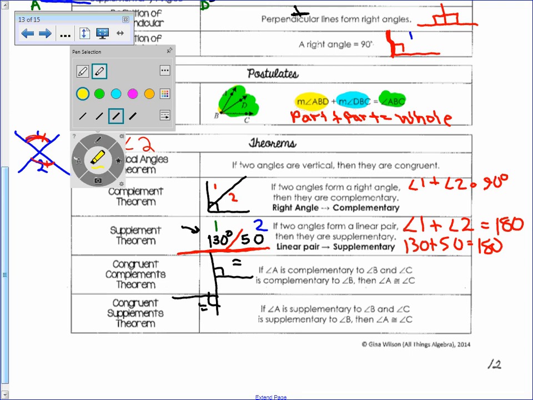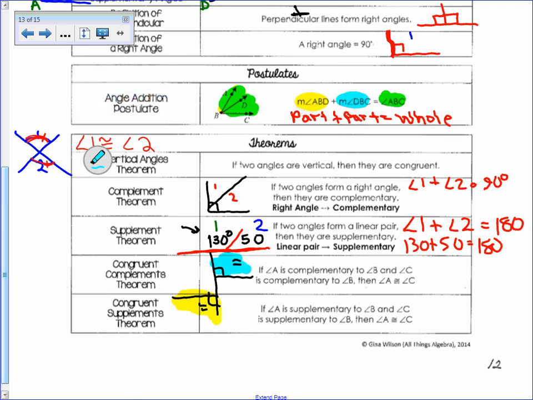I'm going to highlight the angles one time. This angle down here equals this right angle, because they're both 90 degrees. There's no way you can get around it. Congruent supplements theorem, 180 degree angle equals another 180 degree angle. No need to confuse it beyond that.